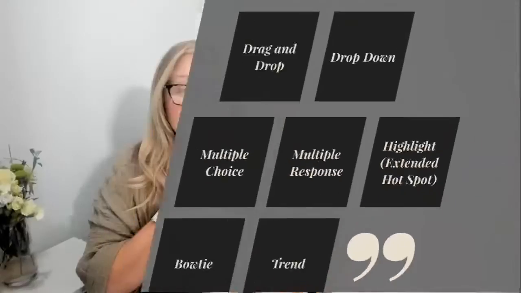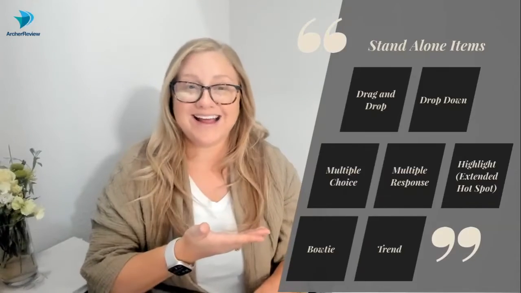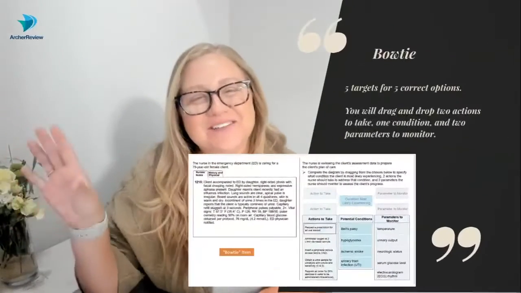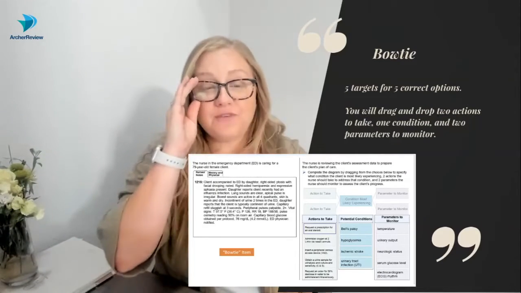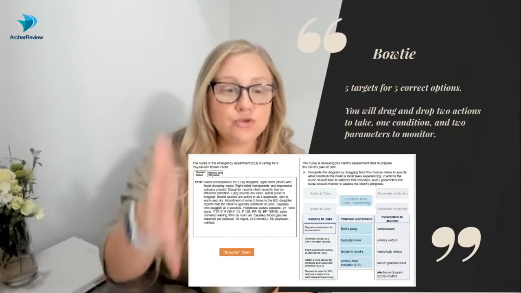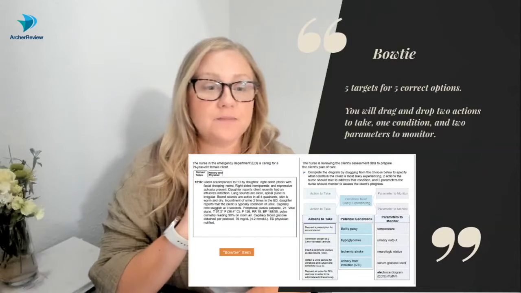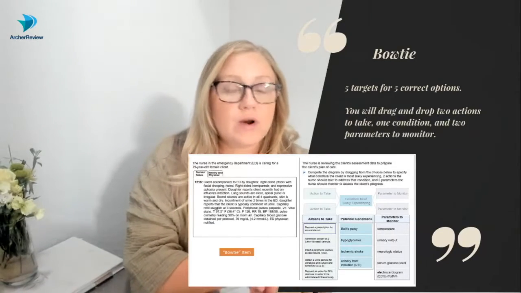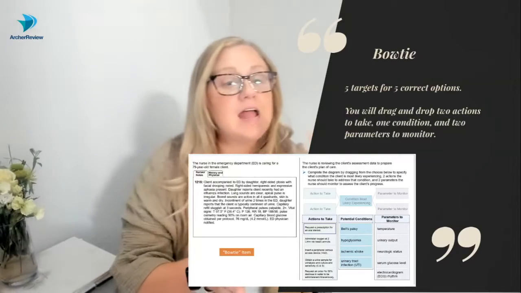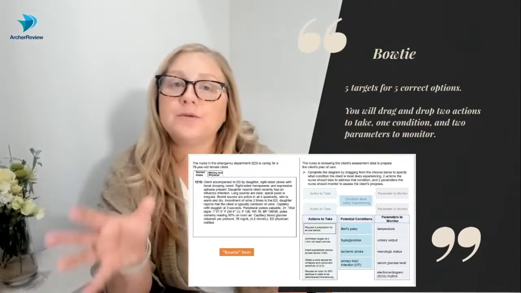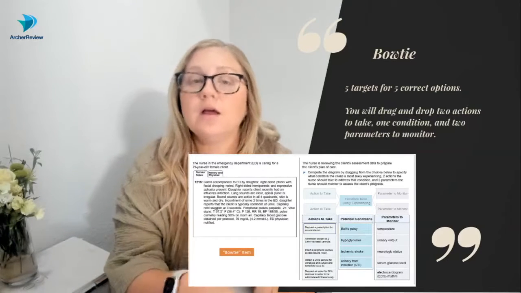Now, the next type of item is called a bow tie. And this is really just a very fancy drag and drop question. You have 5 spaces. 2 are going to be for actions to take. 1 in the middle for a condition that the patient is likely experiencing. And 2 on the right for parameters you want to monitor.